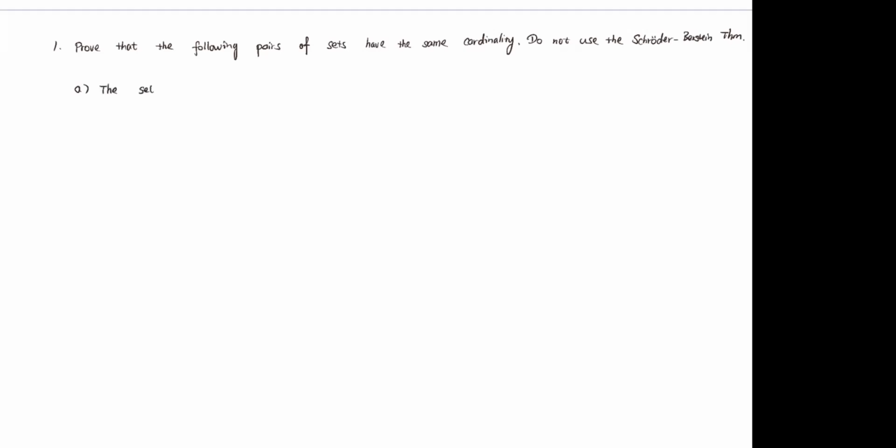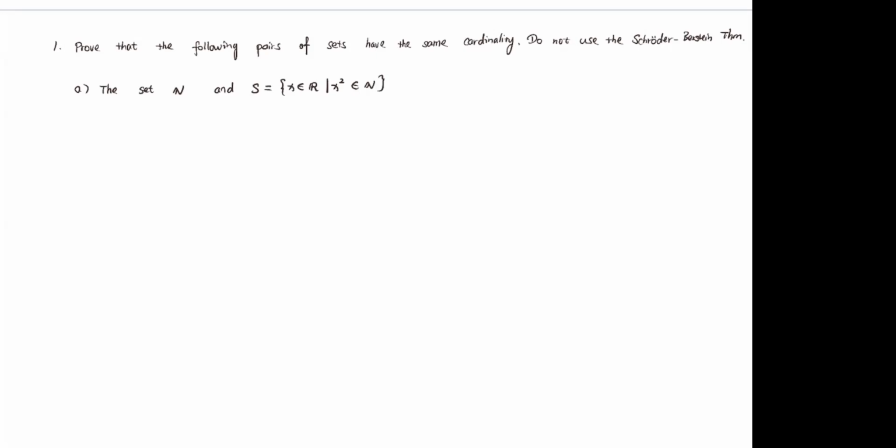Part A: the set of natural numbers, and S, which equals x is a real number such that x squared is a natural number. Okay, so this is the first one.